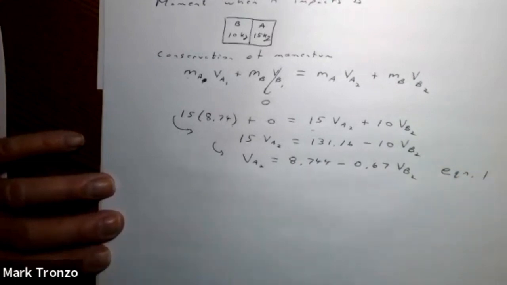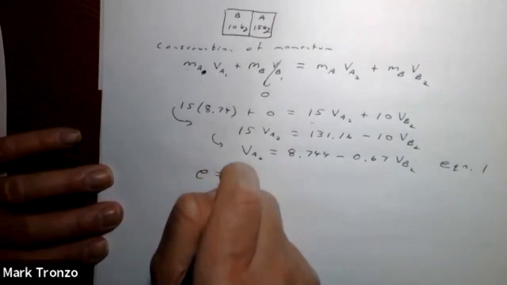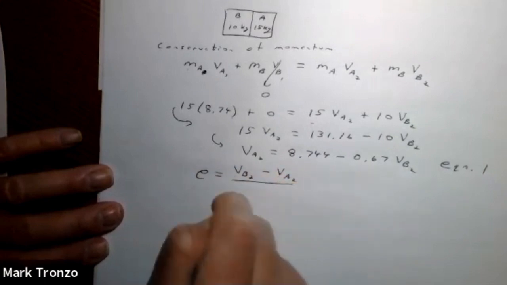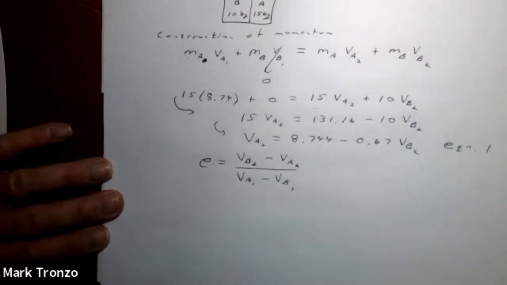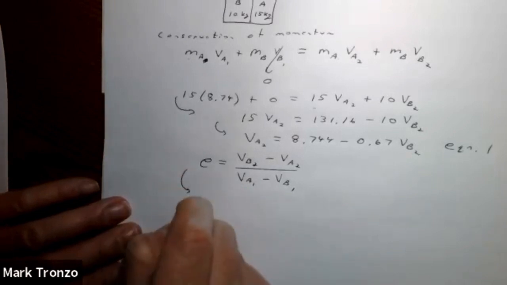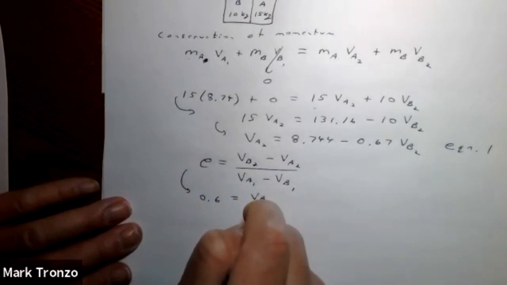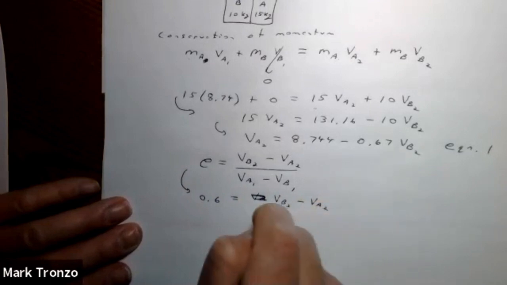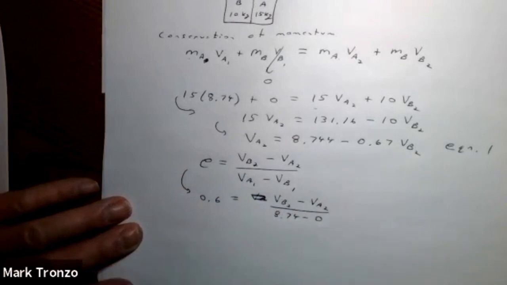Call this one equation 1. And then use our coefficient of restitution. And remember, it's going to be VA2, VA1, VB1. Use that equation there. And we're given that e is 0.6. So, VB2 minus VA2 divided by 8.74 minus 0.